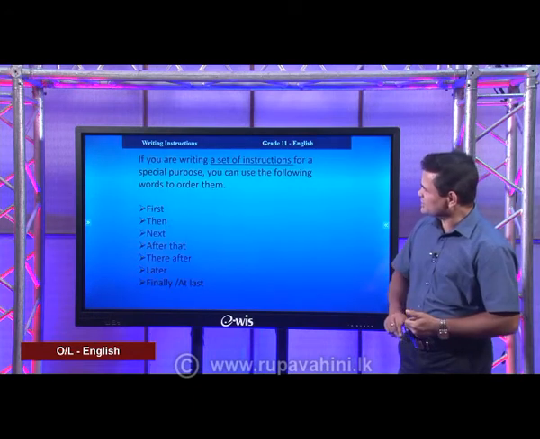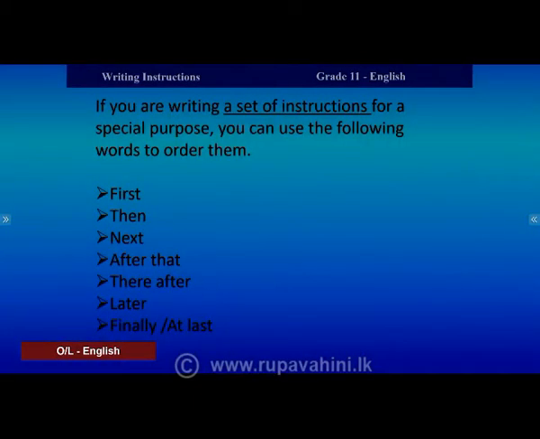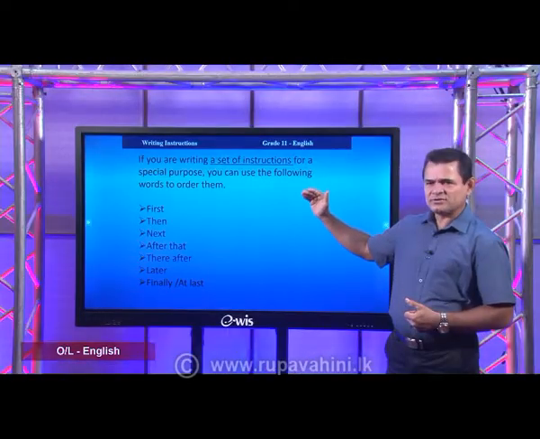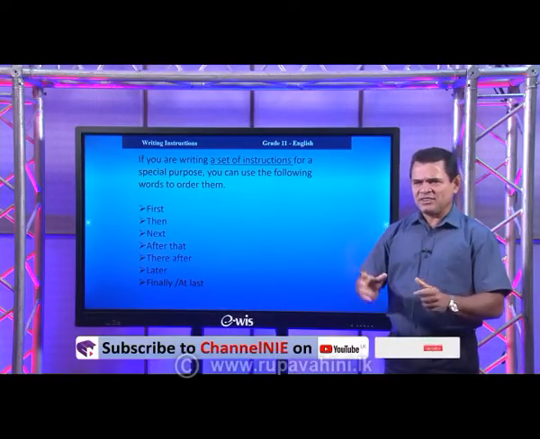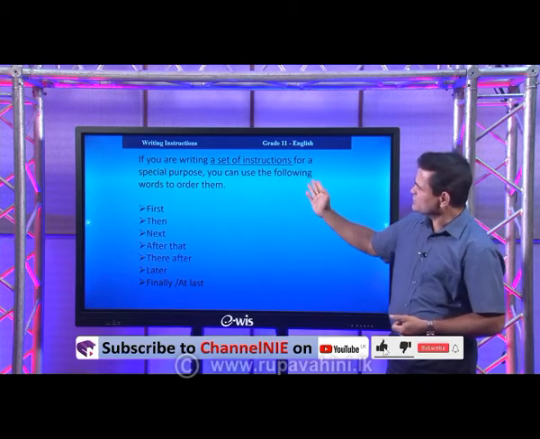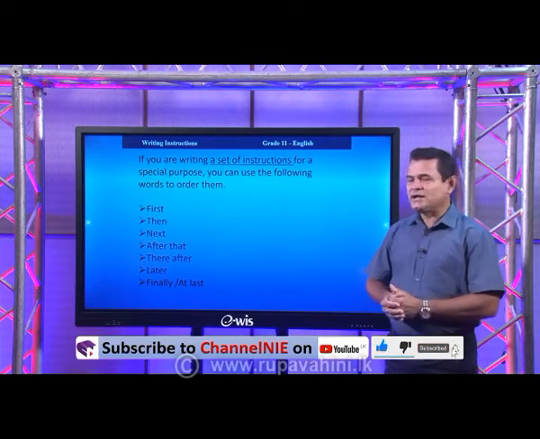And let's see this one. If you are writing a set of instructions for a special purpose, all the instructions that you learnt earlier were just giving do or don't, something like that. But if you are writing instructions for a special purpose, you can use the following words to order them.